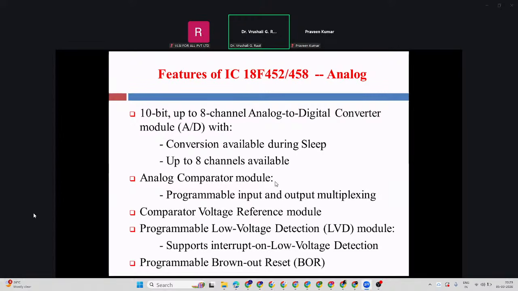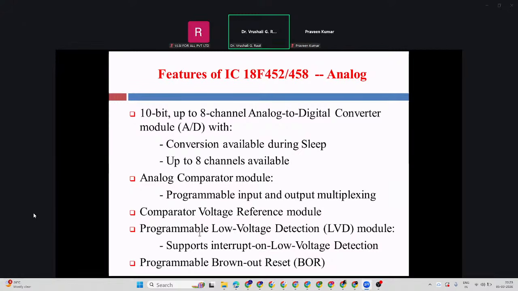There is one more module called the analog comparator module, in which programmable input and output multiplexing can happen. Then a comparator voltage reference module is there. Programmable low voltage detection is available. This supports interrupt on low voltage detection, right? And programmable brown out reset is available. These are all the analog things which are available.